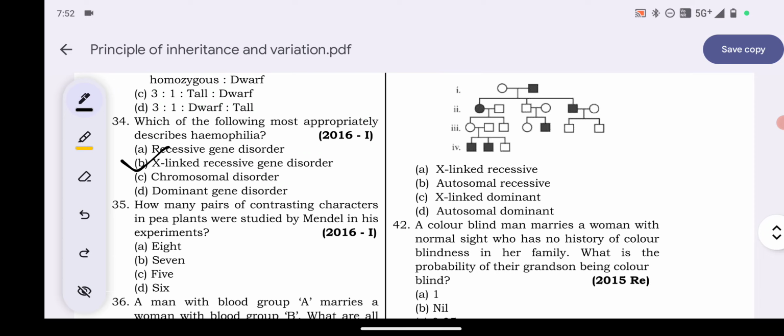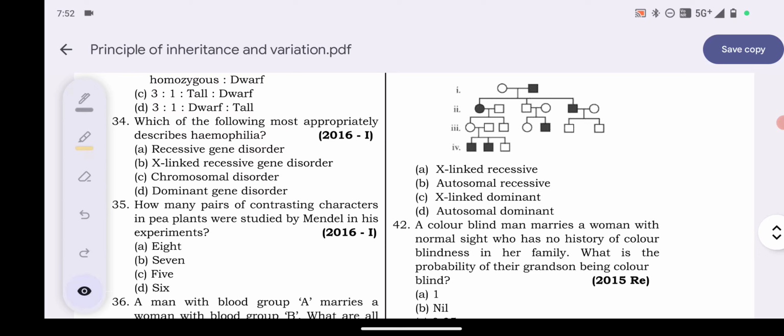Explanation: hemophilia is an X-linked sex-linked recessive disease which shows its transmission from unaffected carrier female to some of the male progeny and has been widely studied. The family pedigree of Queen Victoria shows a number of hemophilic descendants as she was a carrier of this disease. So option B is the correct answer.